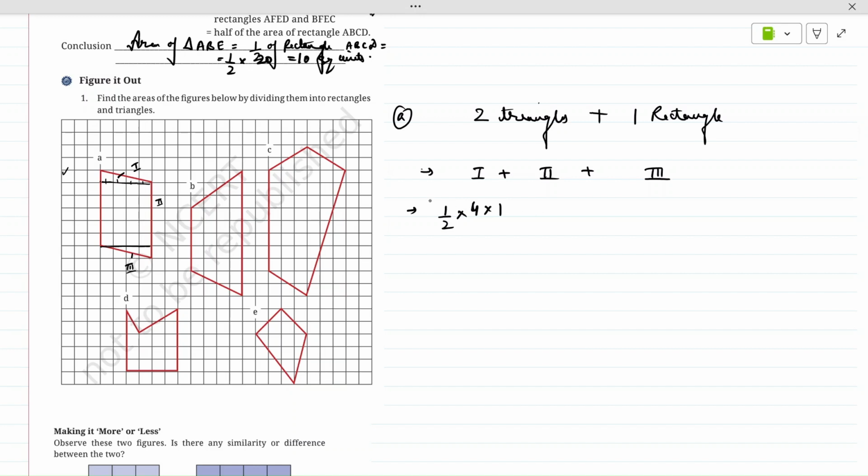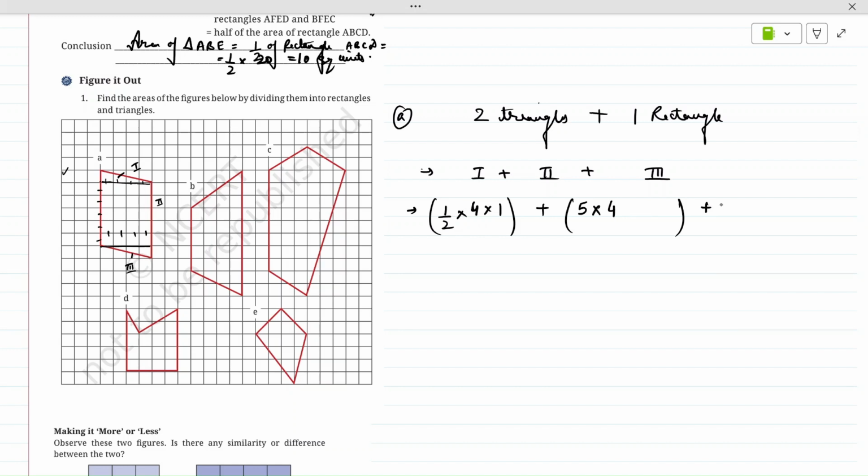This is for the first figure. Coming to the second figure, we have a rectangle. So length into breadth will be the area. Let us find out the length. 1, 2, 3, 4, 5. This is the length. And what is the width? Width is this. So 1, 2, 3, 4. This is the width, 4.